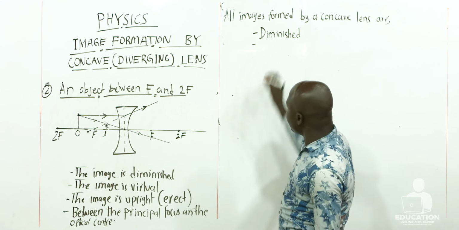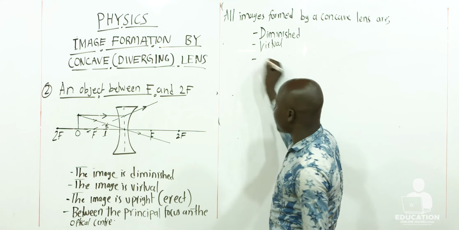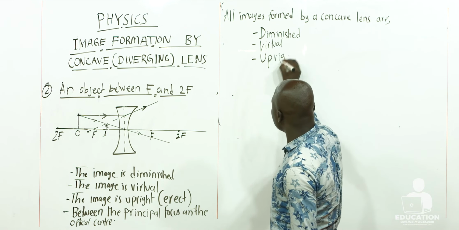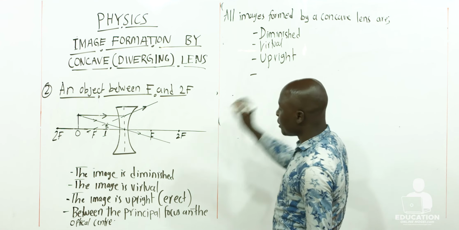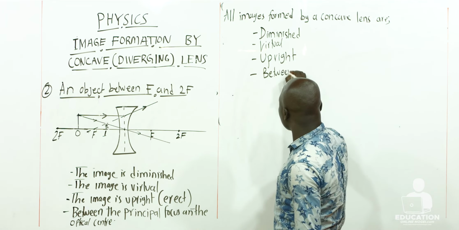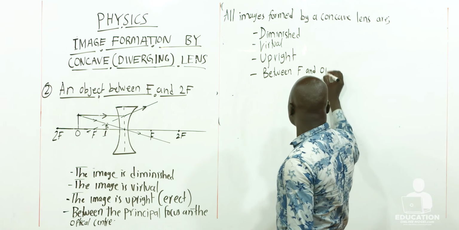Then 2, the image will always be visual. Then 3, the image will always be upright. And lastly, the image will be formed between F and the optical center.